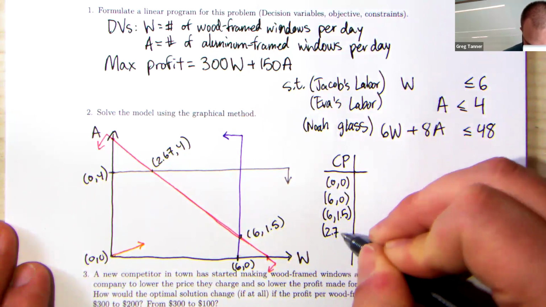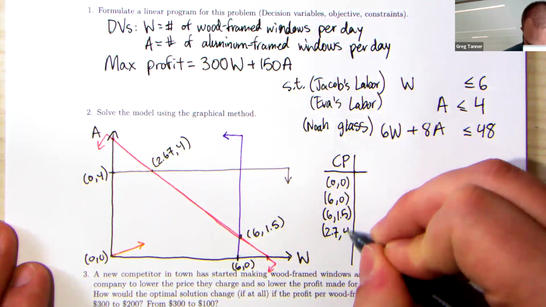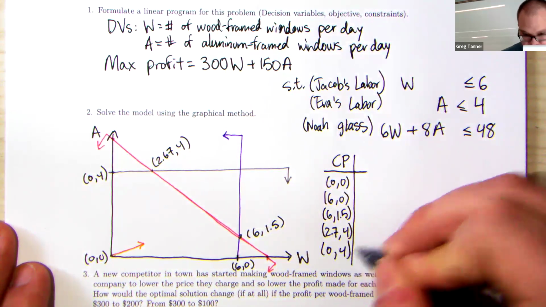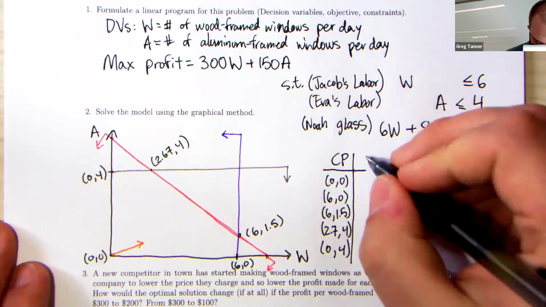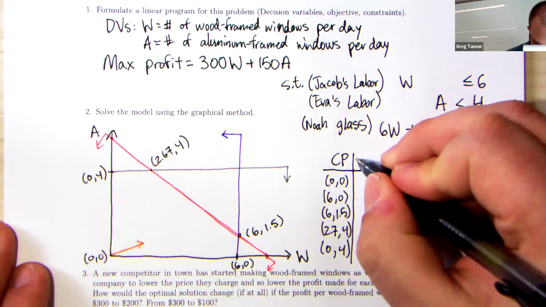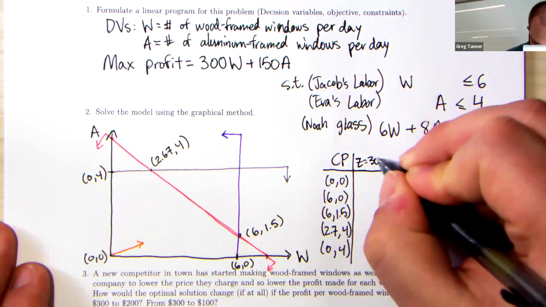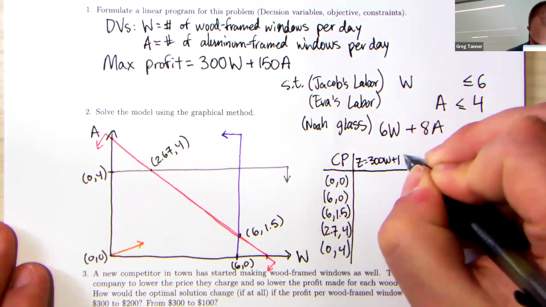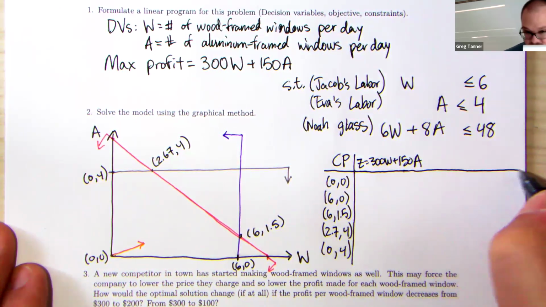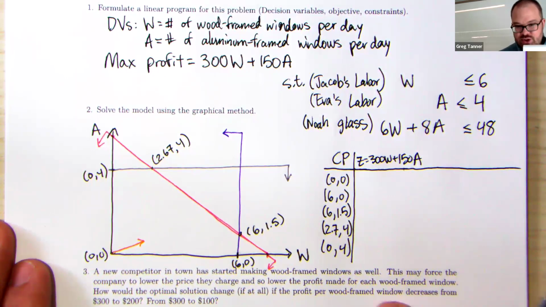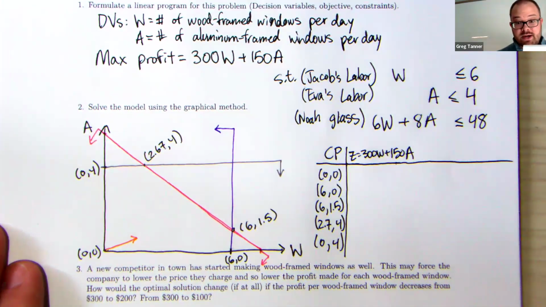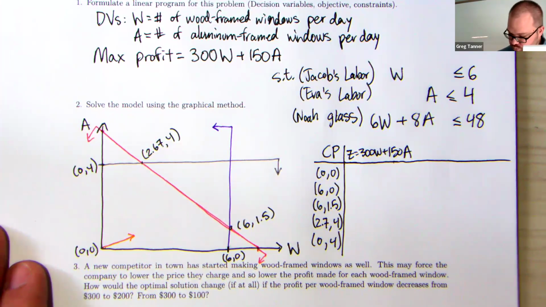I'll abbreviate this down to 2.7, comma 4, and then 0, comma 4. Okay, and then my objective function is going to be z equals 300 w plus 150 a. And I'm going to write out that objective function there because eventually we're going to change the objective function and I'm going to have extra columns for those modified objective functions.